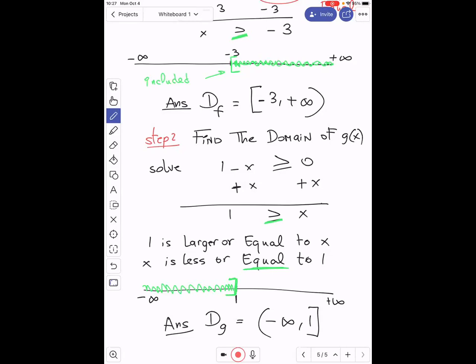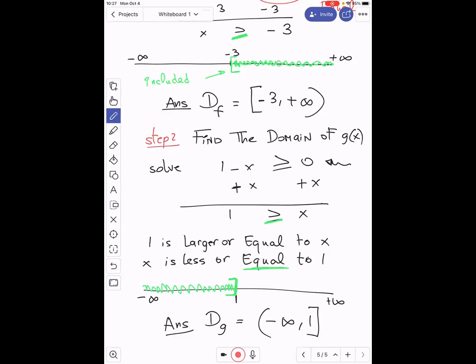You don't really care if the denominator is positive or negative, it doesn't matter. What's really important is just to make sure that it's not equal to 0. If you have a square root, you need to make sure that what's under the square root is larger or equal to 0, positive or 0. That's why we have an inequality when you have a square root.